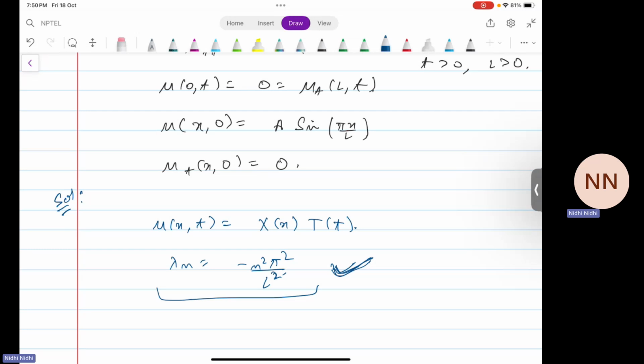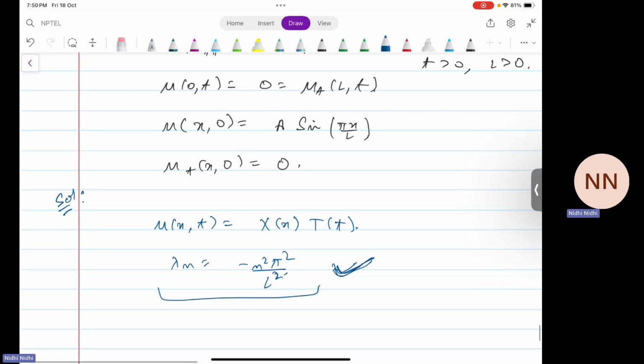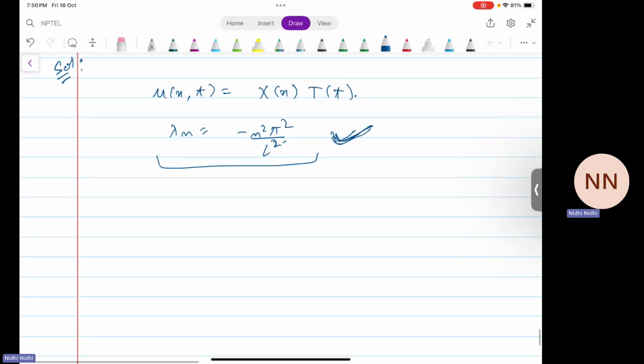So I hope you must have got that for lambda n equals minus n square pi square by L square, we have X_n(x) is equal to c_n sine n pi by L x.